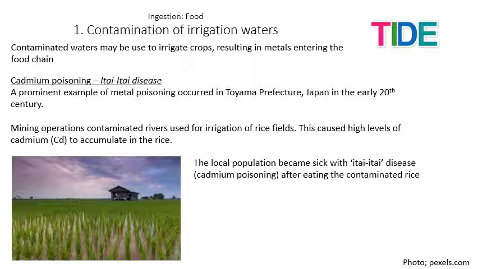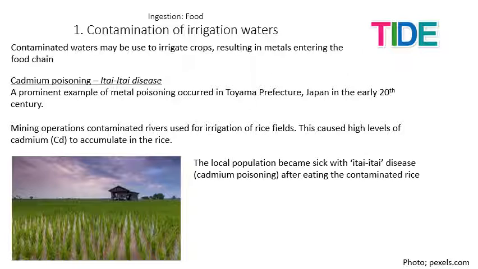A prominent example of a large case of cadmium poisoning via this route occurred in Japan in the early 20th century and really shone a spotlight on the harmful impact of this element.